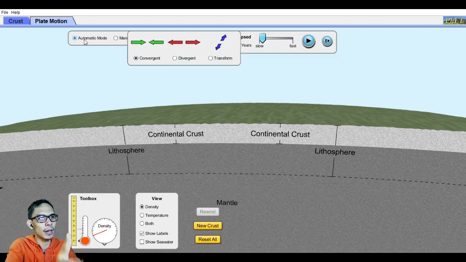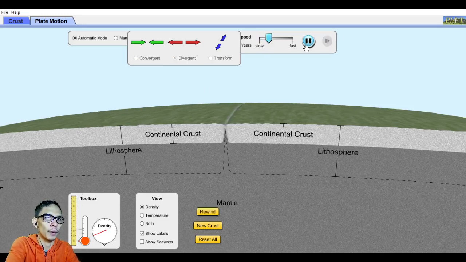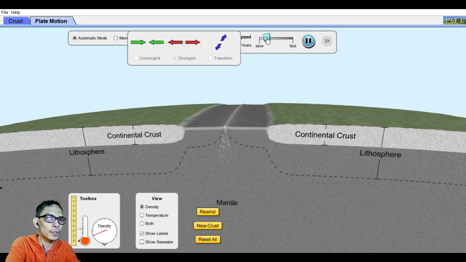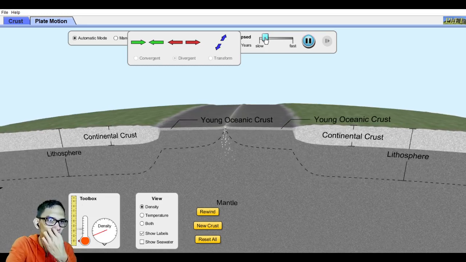Let's use the automatic mode. So we have here the continental crust. Since we discussed the divergent boundary first, the two plates are moving away from each other, and this is how it does. When we play it, you can put it slower.